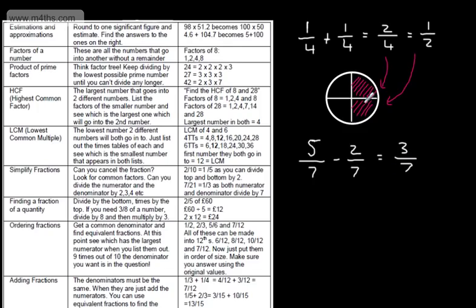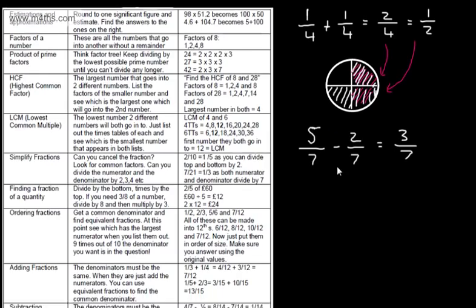Again, you could see it with your pizza. If you had 3/4 and you took away 1/4, then you're going to have 2/4, which is 1/2. So when we're adding or subtracting fractions, if the denominators are the same, we simply add the numerators when adding, or subtract them if subtracting.